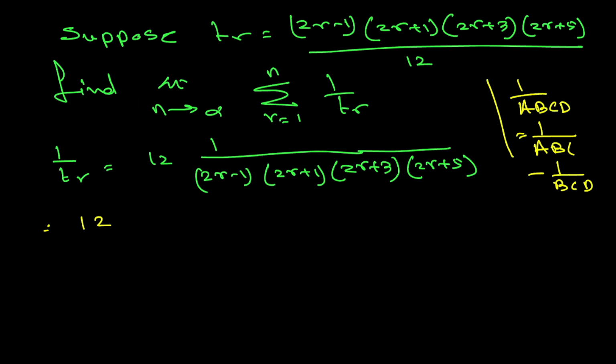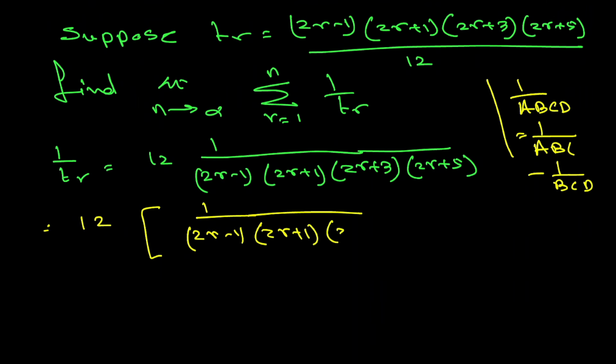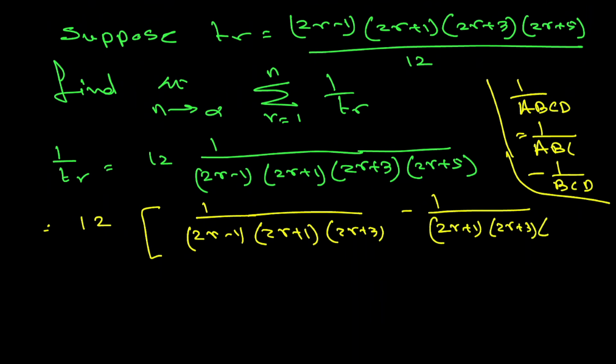Always you have to separate as the difference of two terms. So in this case, it is coming 1 by (2r minus 1)(2r plus 1)(2r plus 3) minus 1 by bcd, that is (2r plus 1)(2r plus 3)(2r plus 5).